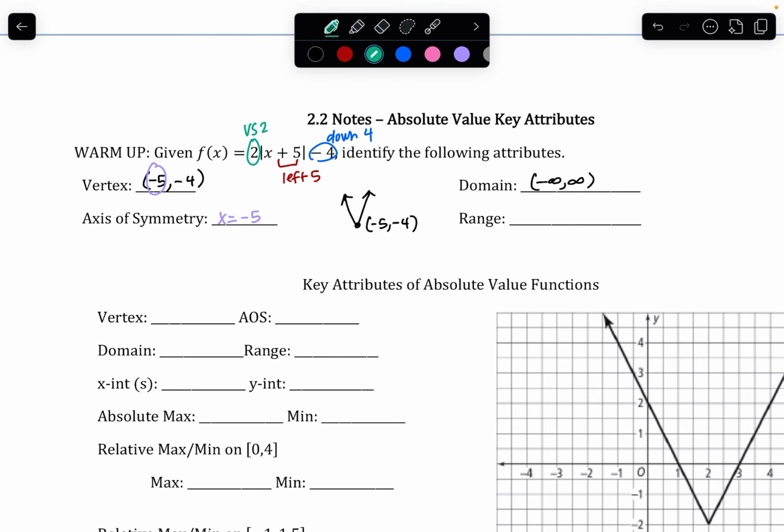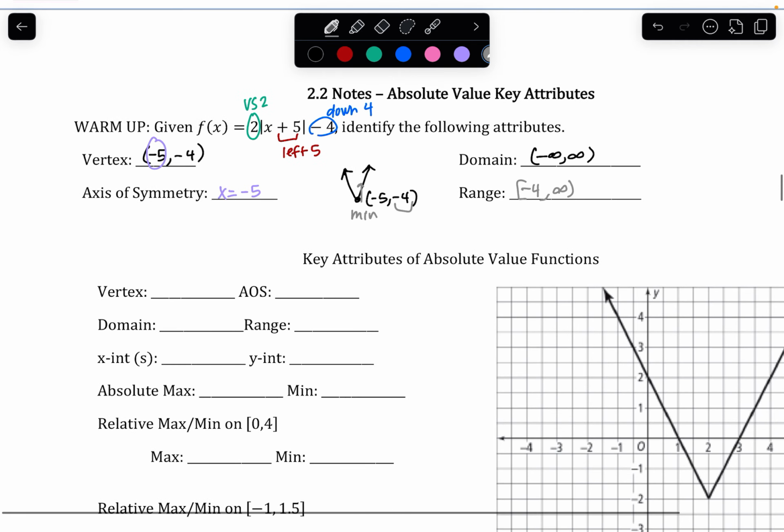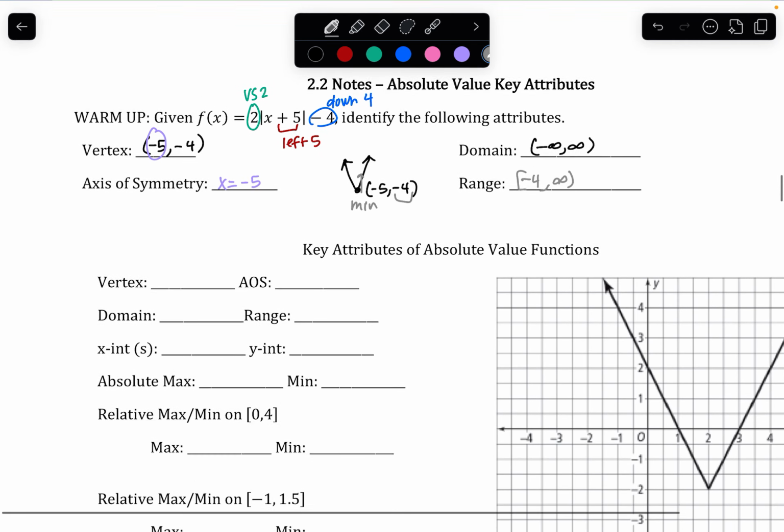And so the minimum value is -4. And so my range is going from that -4 to positive infinity. It's going up. Okay, and so we already talked about the vertex, the axis of symmetry, domain, and range.